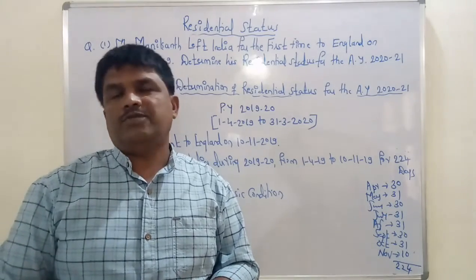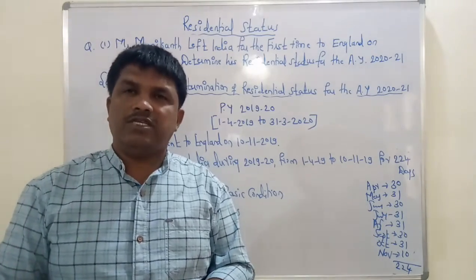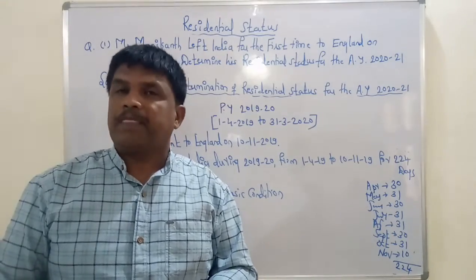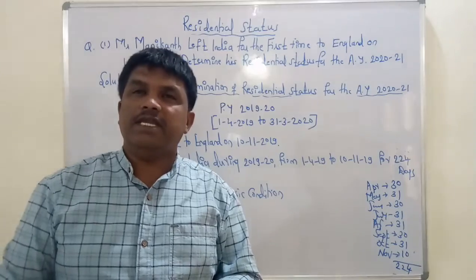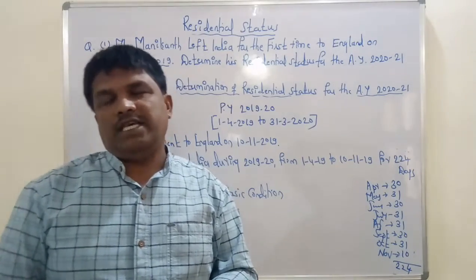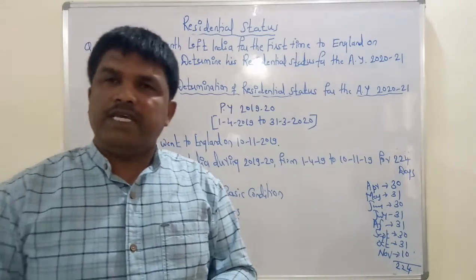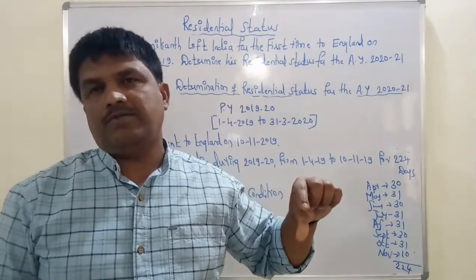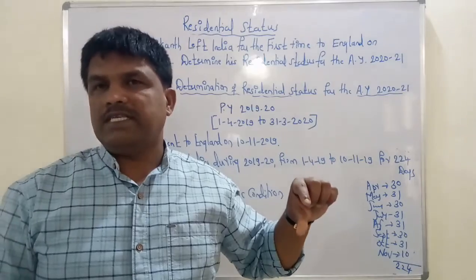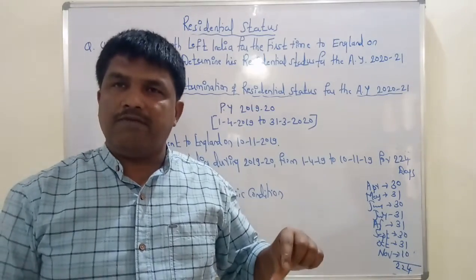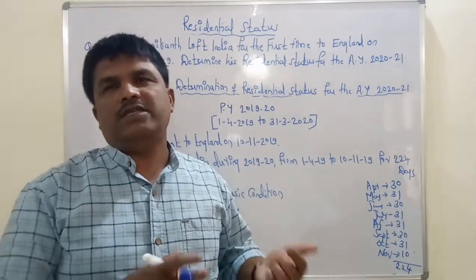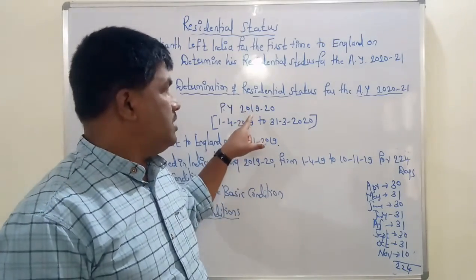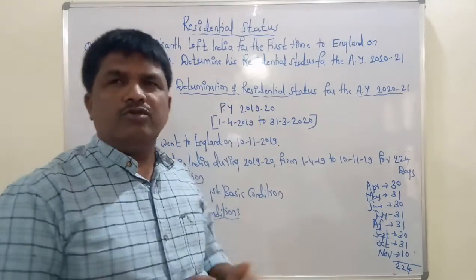Then the second subsequent condition says that he must stay in India for 730 days during the 7 previous years immediately preceding the previous year. It means before our previous year, in those 7 immediately preceding previous years, in aggregate he must stay in India for 730 days. Actually he was in India for more than 730 days because he was in India before 2019-2020.